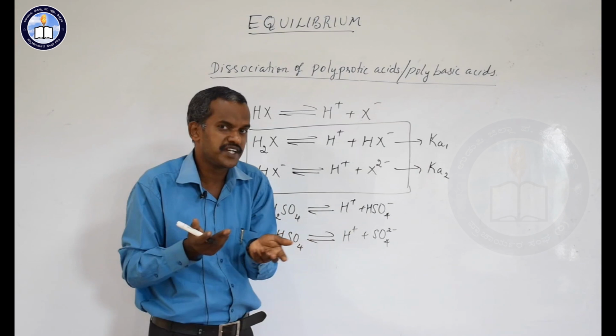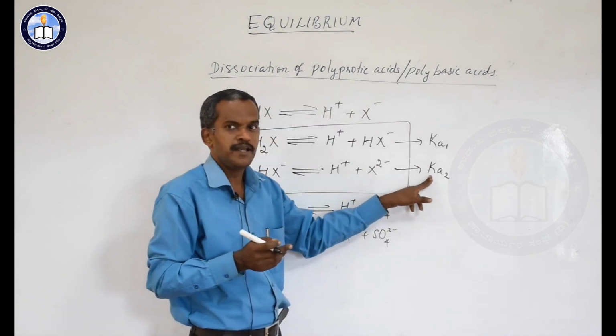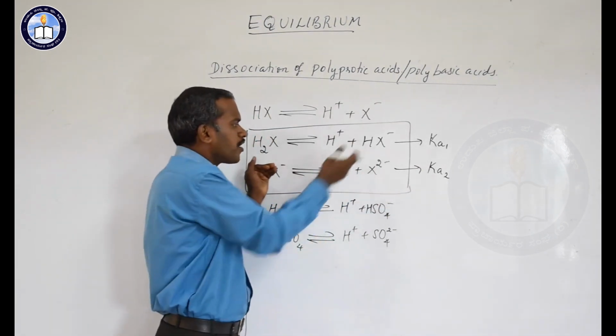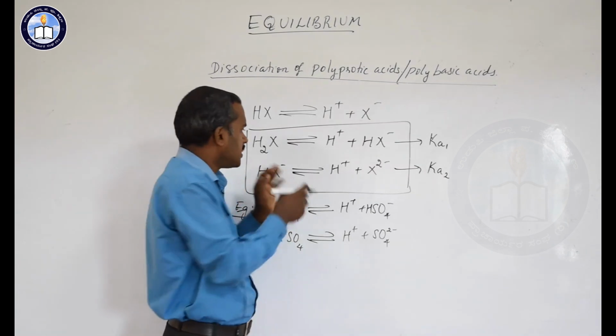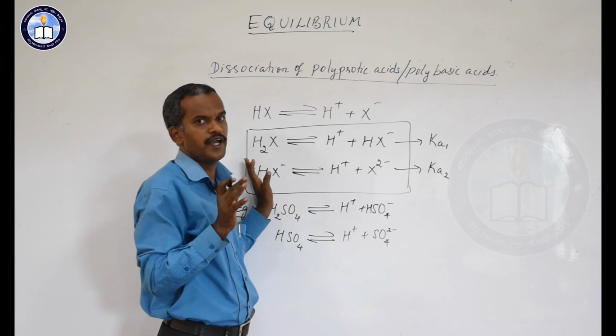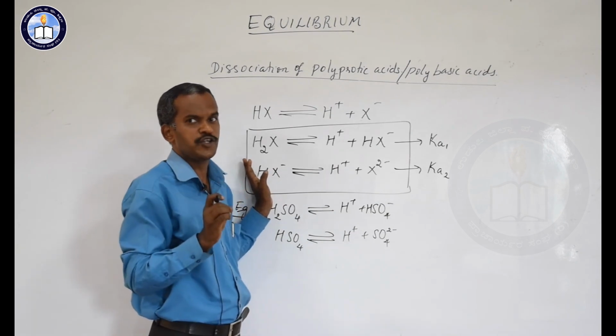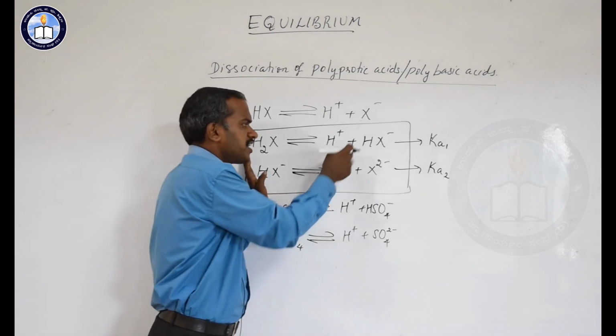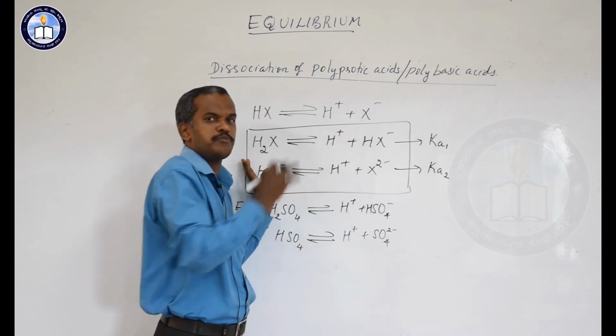You may ask, what is the reason here? Simple. After losing one or more protons, removal of the positively charged species becomes very difficult. Due to high electrostatic force, removing these positive ions in further steps becomes very difficult.